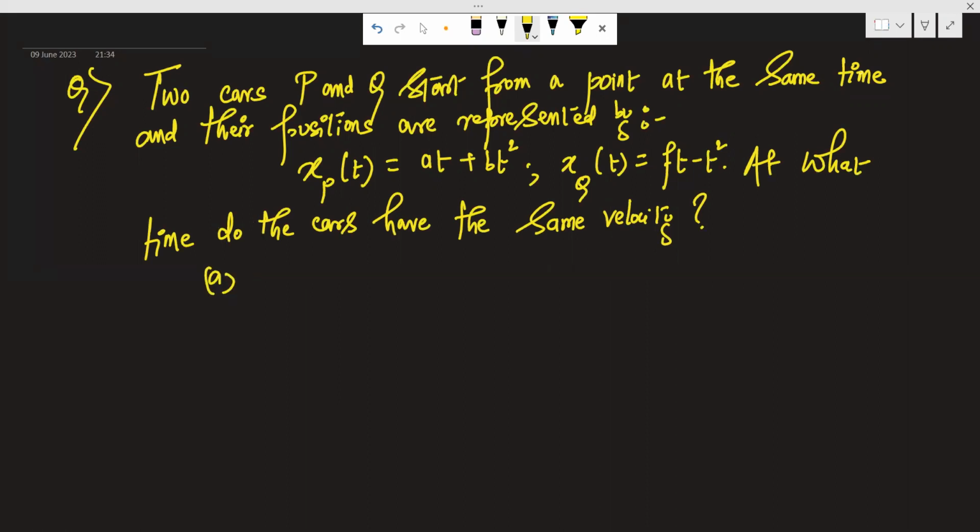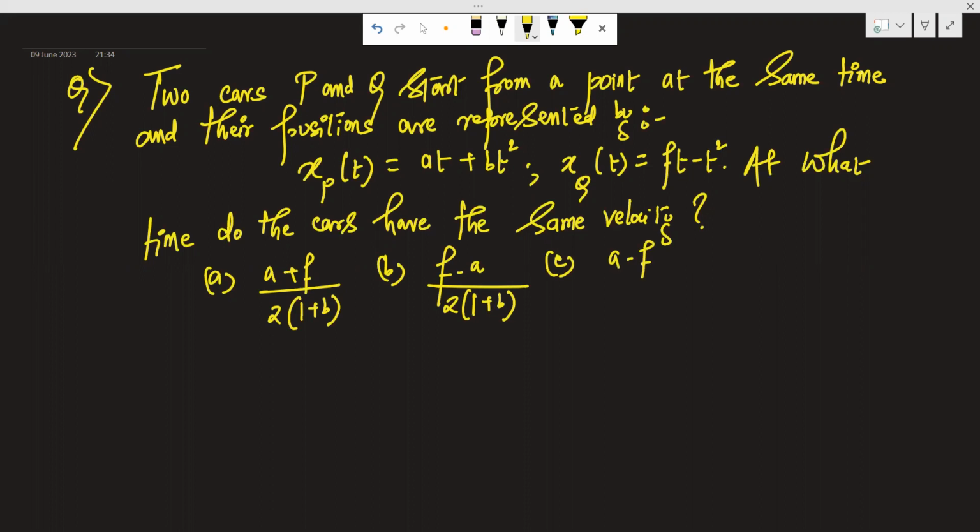Options are, first option is a plus f divided by twice of 1 plus b. Second option is f minus a divided by twice of 1 plus b. Third option is a minus f by 1 plus b. And fourth option is a plus f divided by twice of b minus 1.